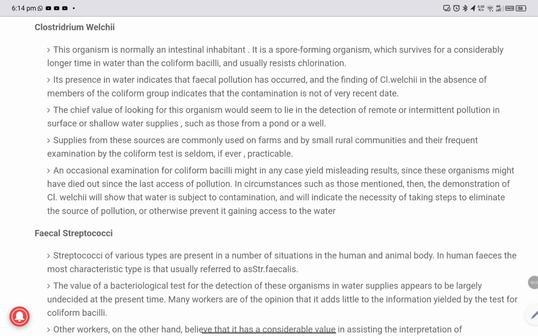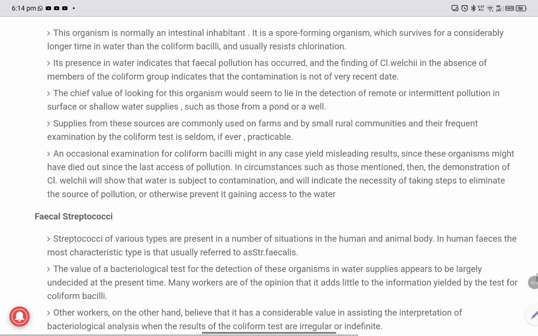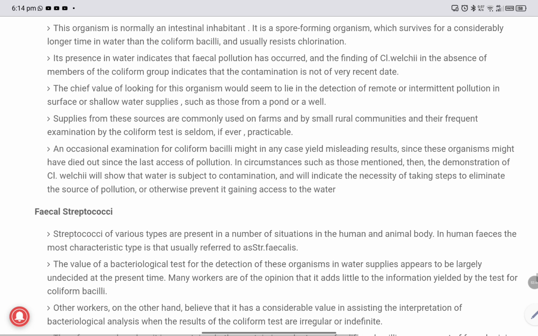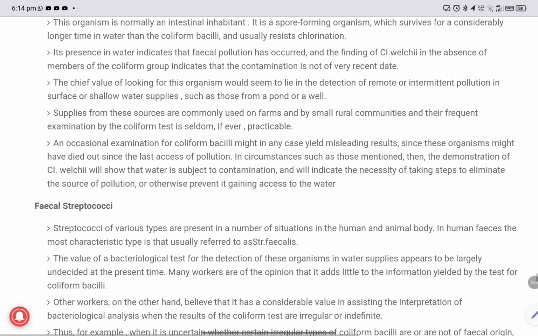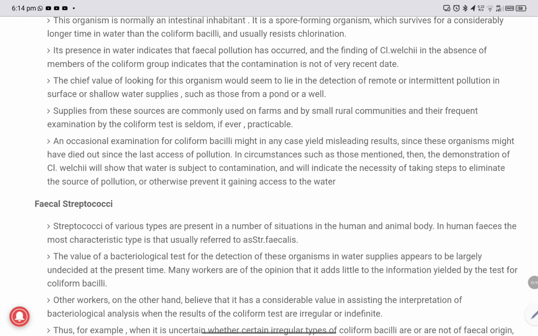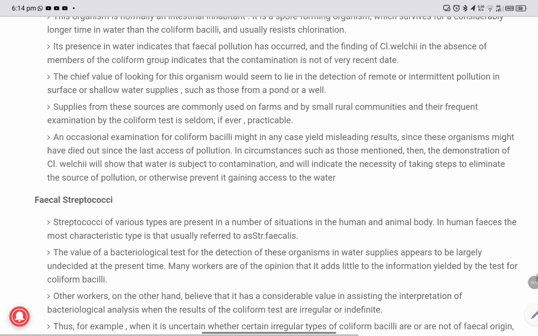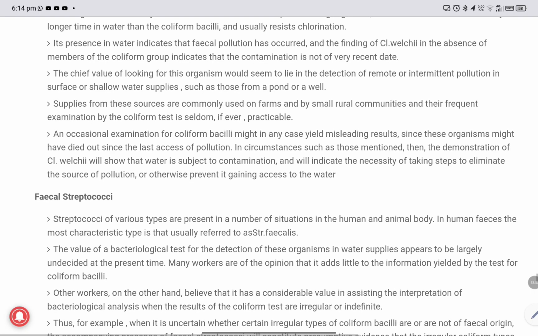The chief value of looking for this organism would seem to lie in the detection of remote or intermittent pollution in surface or shallow water supplies, such as those from a pond or a well.